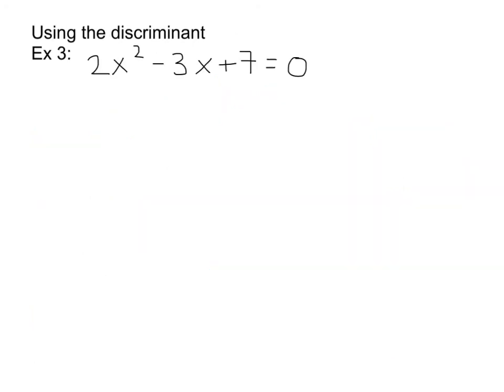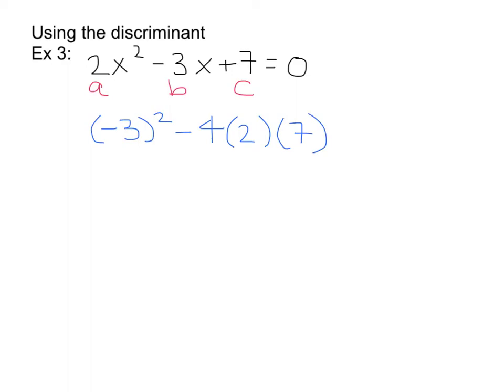Now we are going to use the discriminant to determine the number of real solutions we have. So your first step is going to be to make sure that it's in standard form, which it is. Remember, a is in front of x squared, b is in front of x, and c is all by itself. So the discriminant b squared minus 4 times a times c.